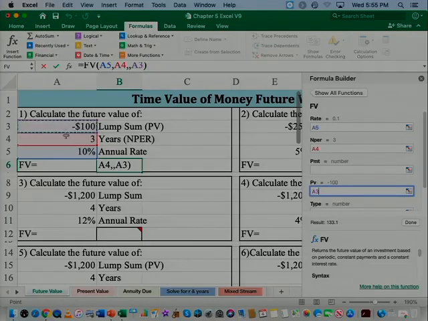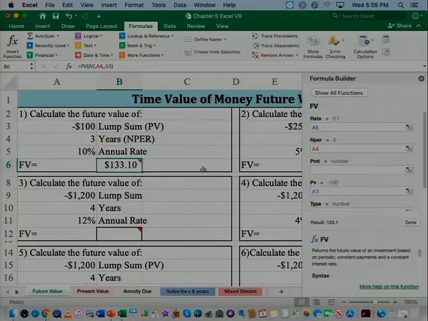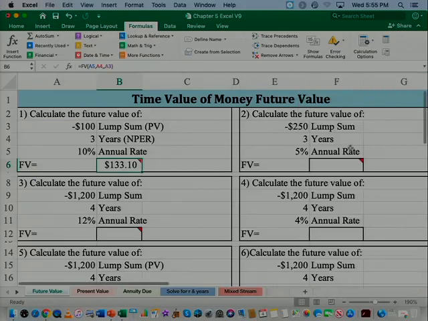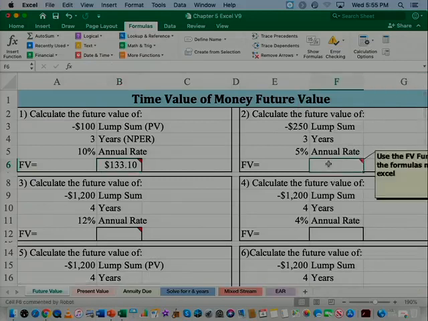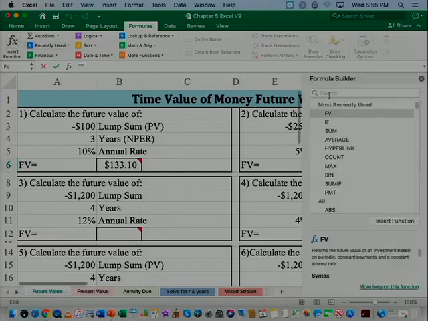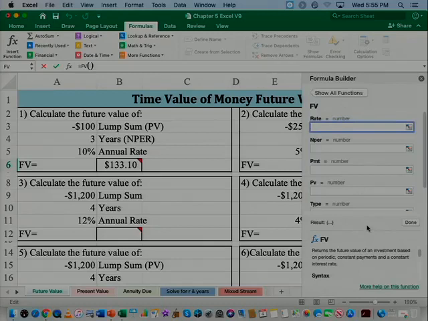So if you get to this point and you hit done, you should get $133.10. So let me start from the beginning on the second problem, where I go to FX and I search for FV, and I'll get the formula box. If you have old Excel, the formula box might be at the lower half of the screen.